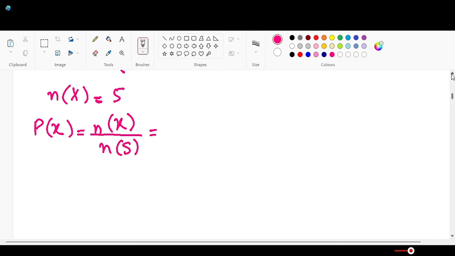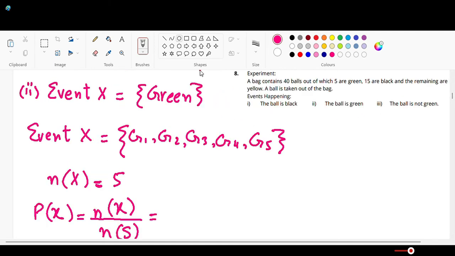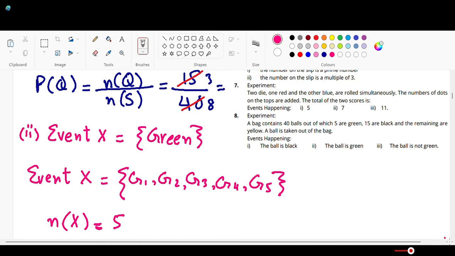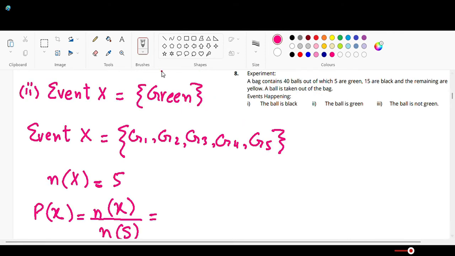I caught a mistake. I'm probably going to erase this one. It looks okay, but I kind of switched in the middle, so I'm really sorry for that.